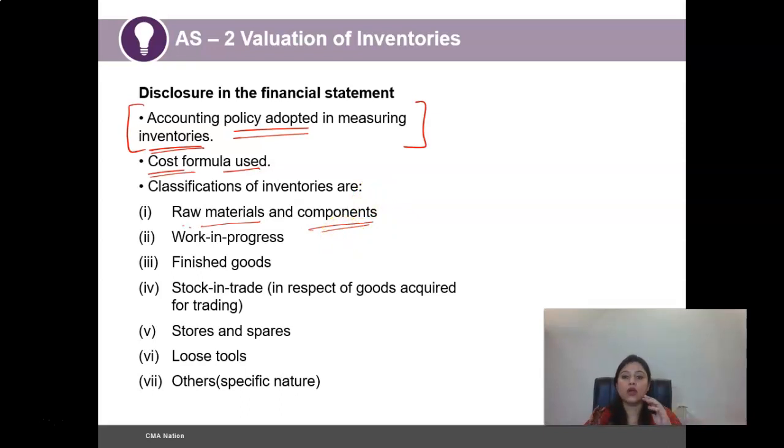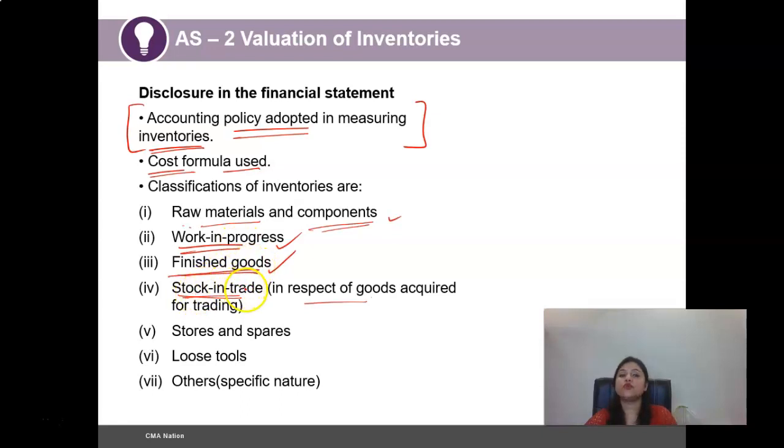So for now, the classification would be raw material and components for such final products, work in progress, finished goods, and stock in trade. And such stock in trade which we are referring to is in respect of goods that have been acquired for trading. So along with the goods that are being produced and along with the finished goods or work in progress or raw material and components, we also have certain stock in trade which was procured in order to resell it further and earn revenue from such goods.